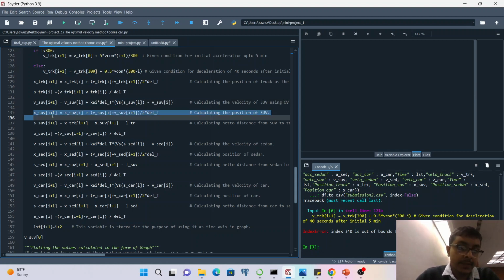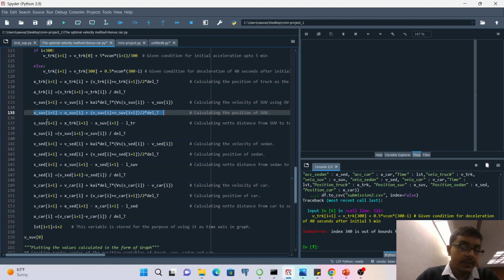So similarly we calculate the distance of SUV, I mean the position of SUV, by using the average velocity, that's average velocity, change in time, and previous position of SUV.